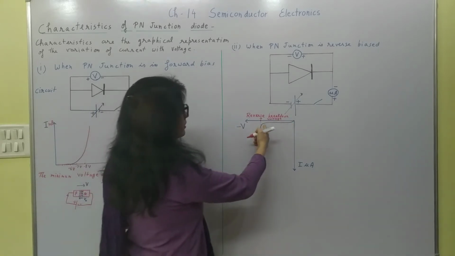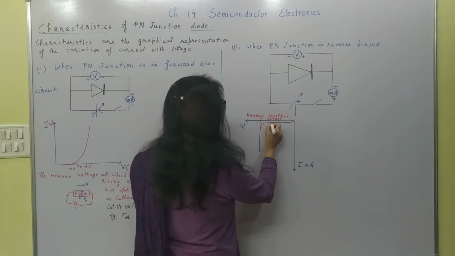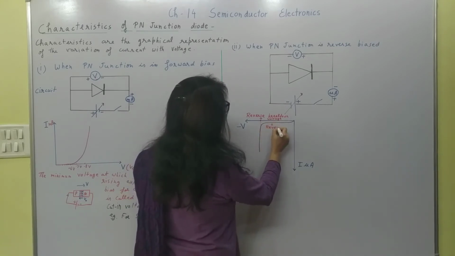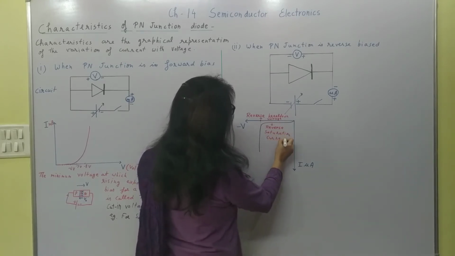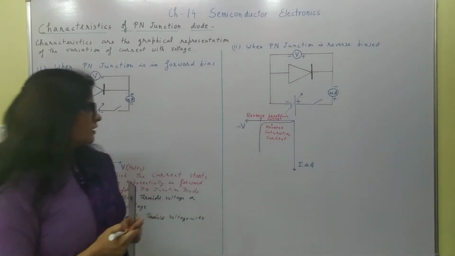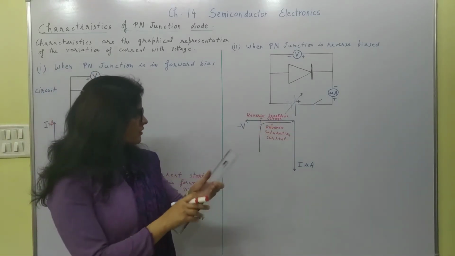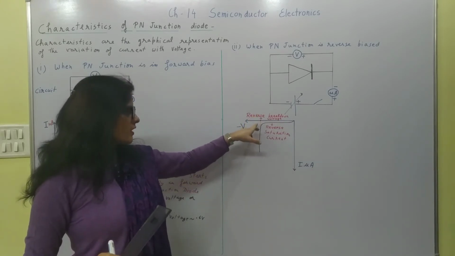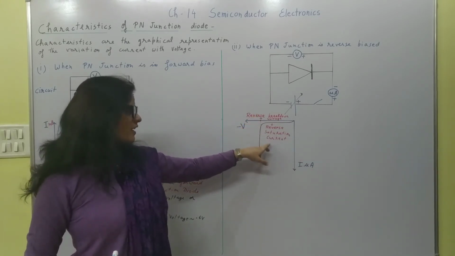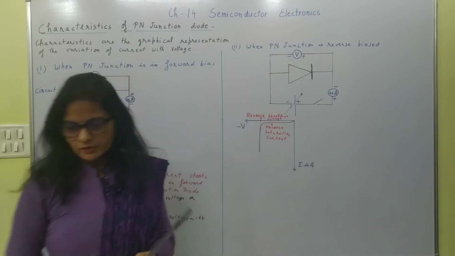So this is the reverse saturation current. After increasing the voltage to a very large value, at the reverse breakdown voltage, a very high current flows. Why it flows, I am going to tell you.